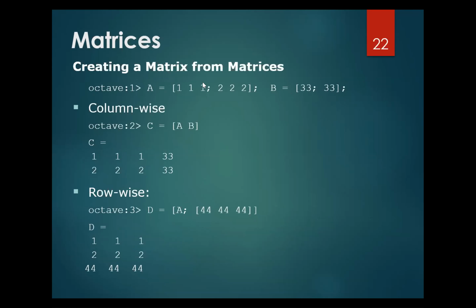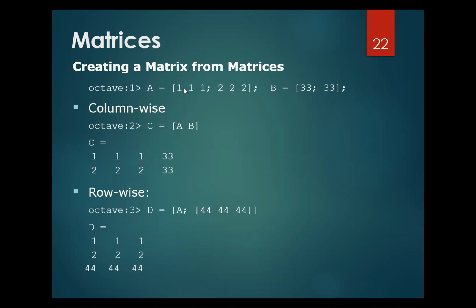Let's also look at some other stuff concerning matrices, creating a matrix from matrices. So you have a particular matrix and you want to create a matrix out of that matrix, or a group of matrices. So here we have 2 matrices. We have A, which is 1, 1, 1, 2, 2, 2.